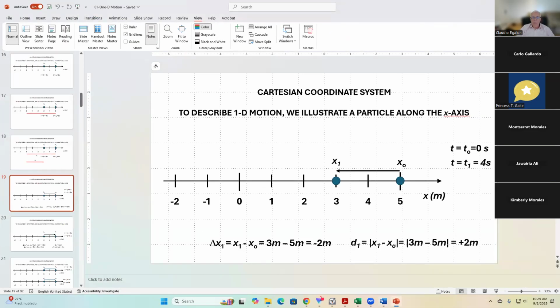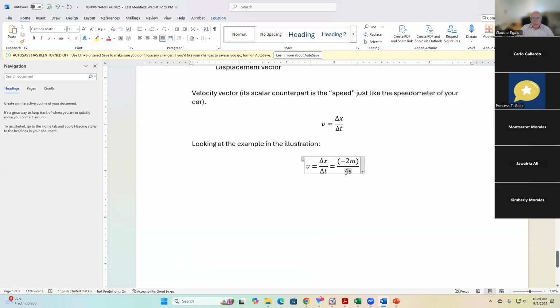Just regular algebra. Let's not forget, delta t stands for final instant of time minus initial instant of time.